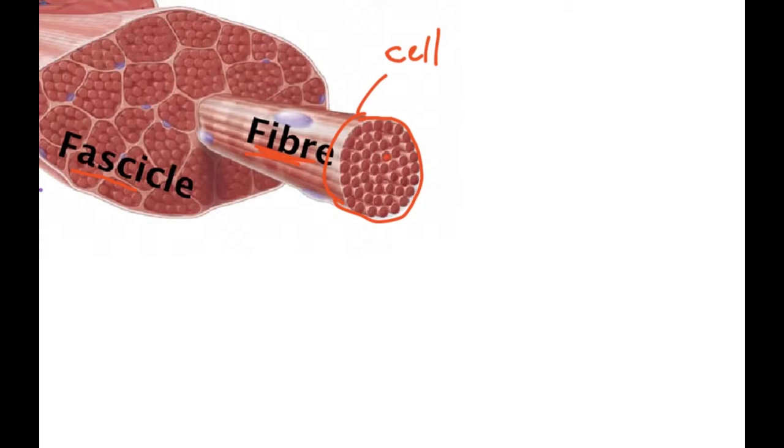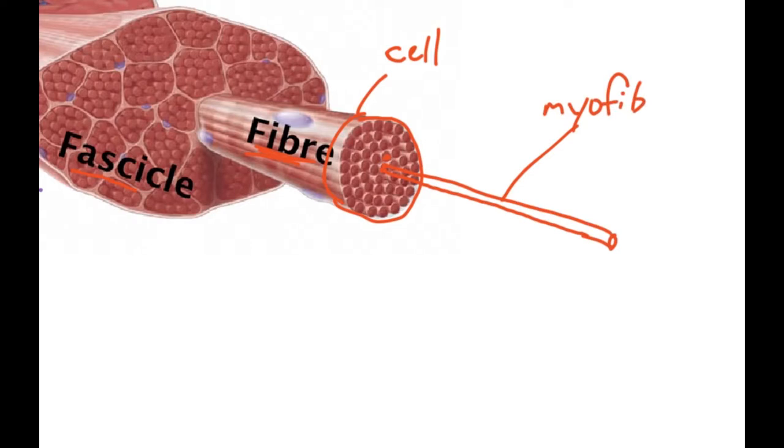If I were to pull one of these tubes out, you can follow my art here, what each of these is called is a myofibril. So again, this is what makes up each muscle cell.